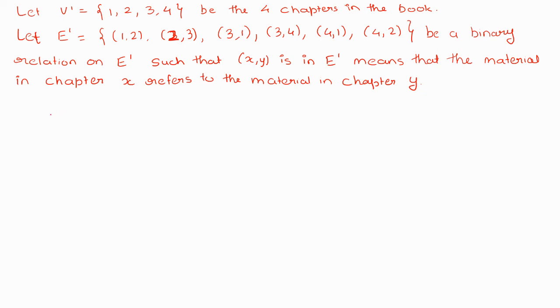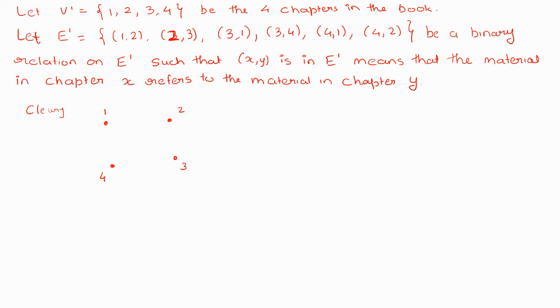That means clearly we can have a graph like this. All these chapters will be vertices 1, 2, 3 and 4.